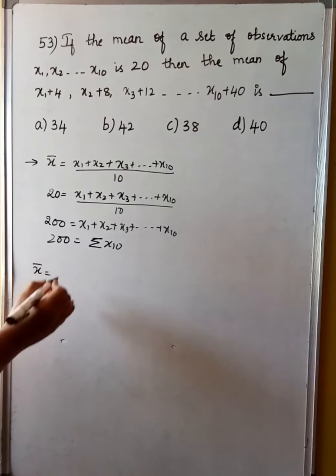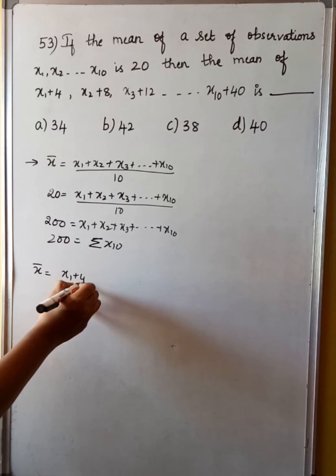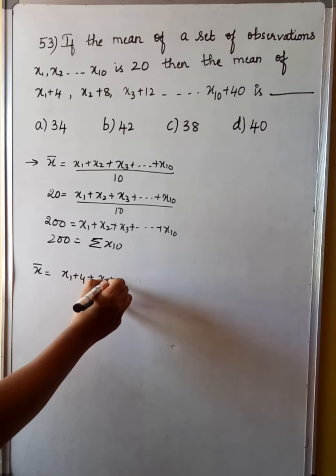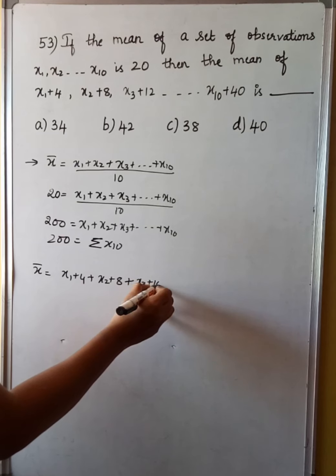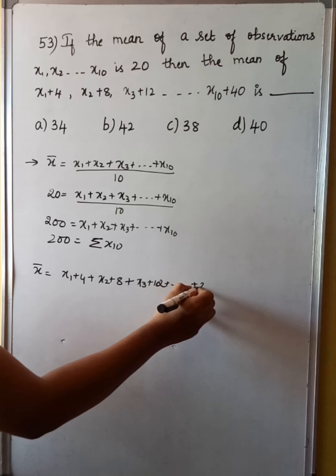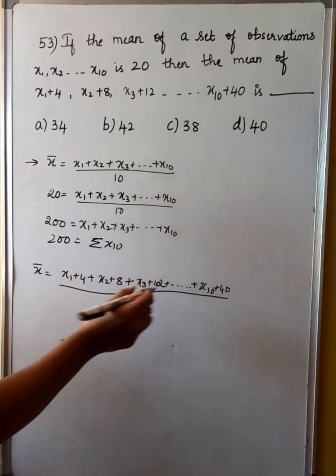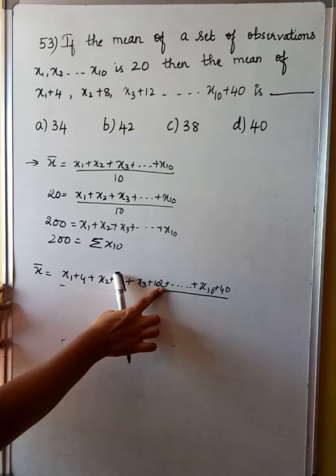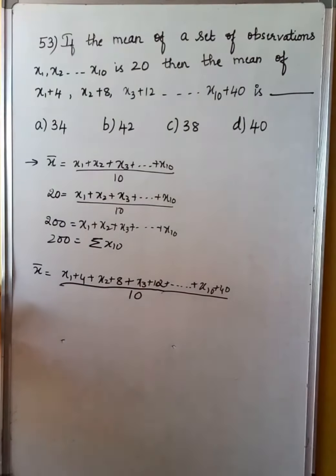X bar is equal to, that is the next mean which they have asked us to simplify, x1 plus 4, that is the sum of observations, plus x2 plus 8 plus x3 plus 12 plus so on up till plus x10 plus 40, whole divided by. Here also you can check, they are nothing but 10 observations. Yes or no? Here also you have 10 observations, so divided by the total number of observations.